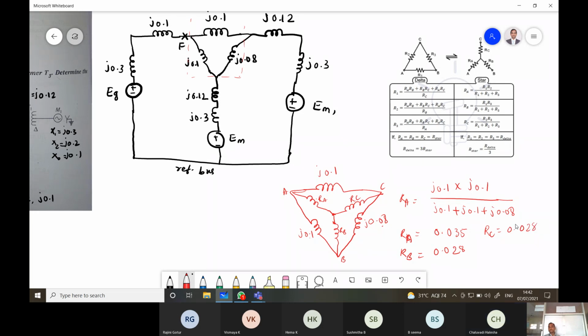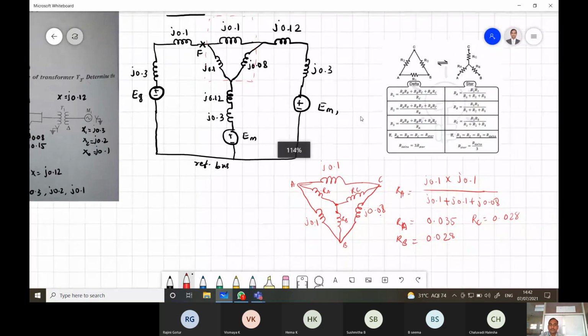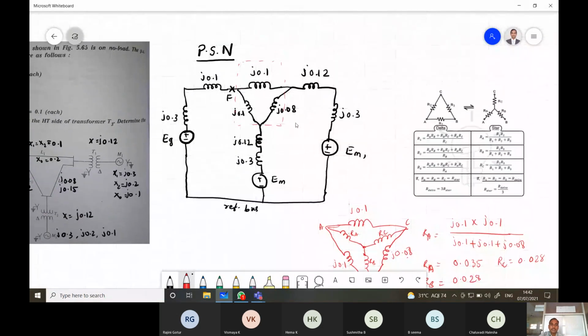Okay. So now what happens? So this circuit is converted into star.